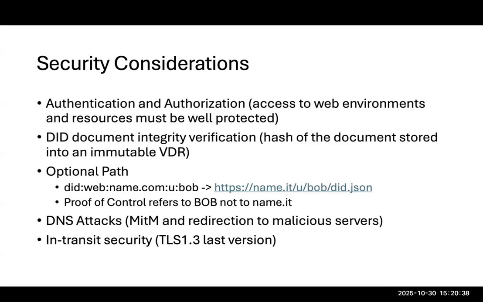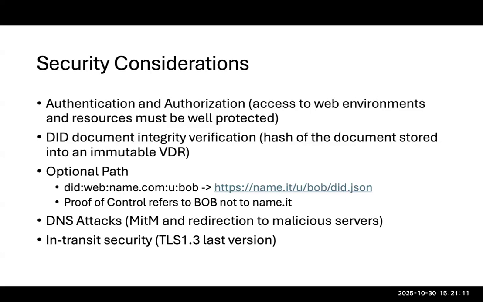But pay attention when you deal with this method that proof of control can refer to host name, domain name, or user if you use subfolders. For example, in this case, did:web:name.com:user:Bob. Proof of control refers to Bob and not to name.it.